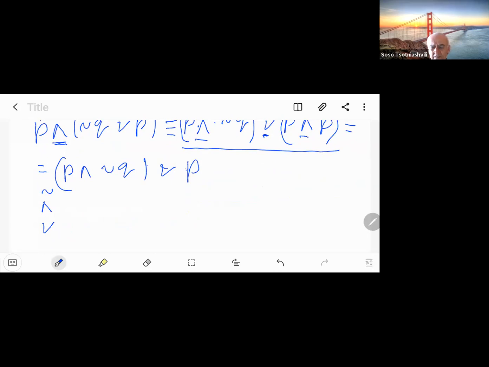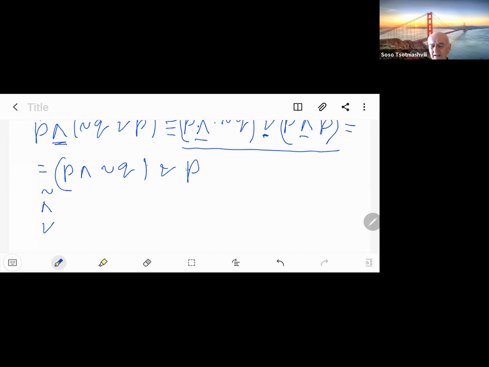We can do it. Absorption law, and this absorption law is number 10. Okay, it's a very good idea because we have absolutely the same, the first absorption law. I agree, it's a very good idea.